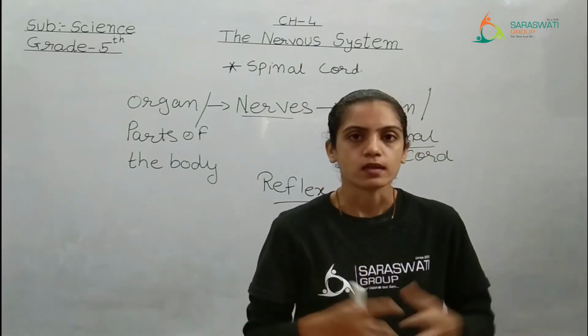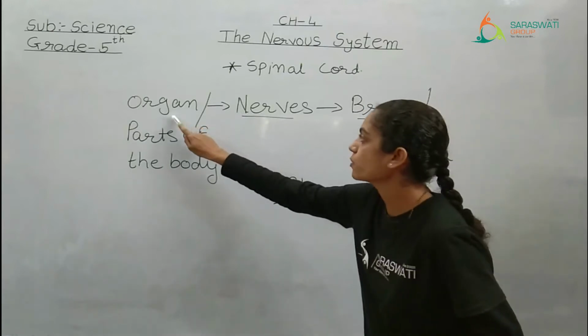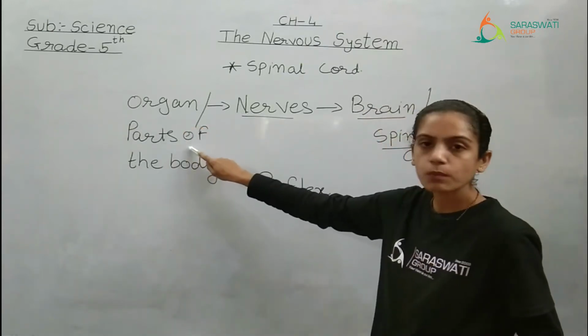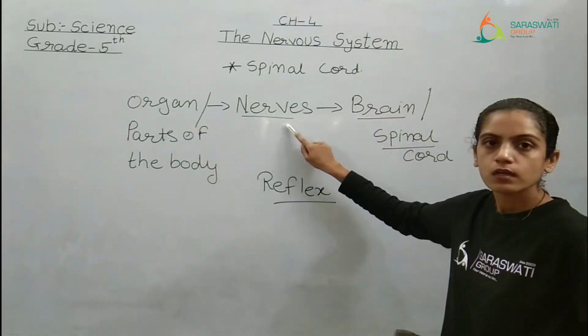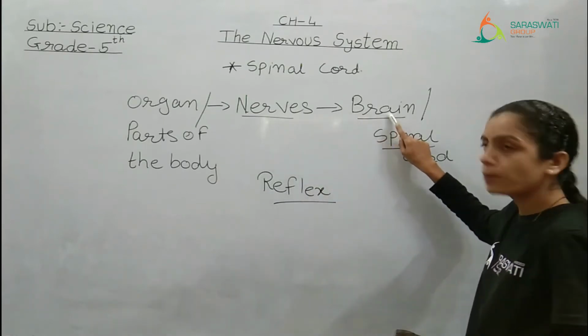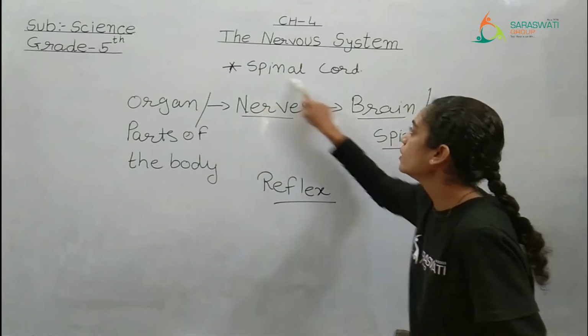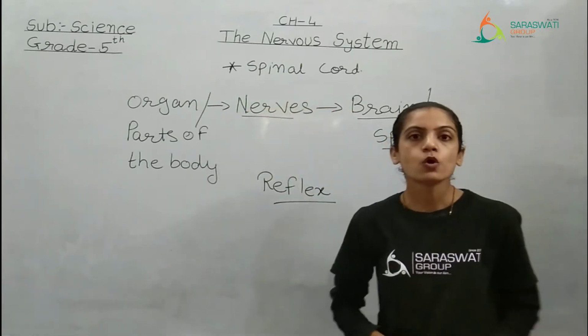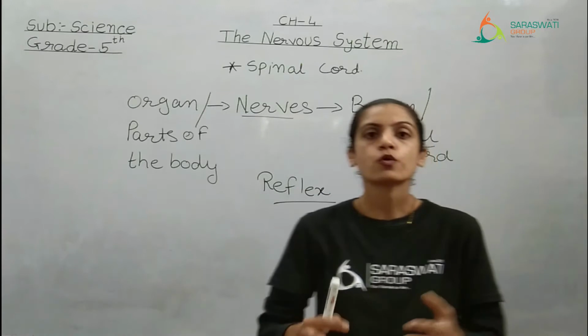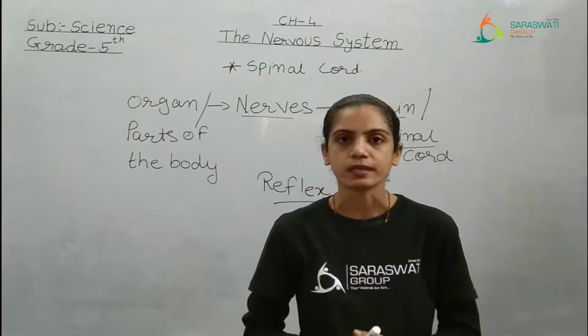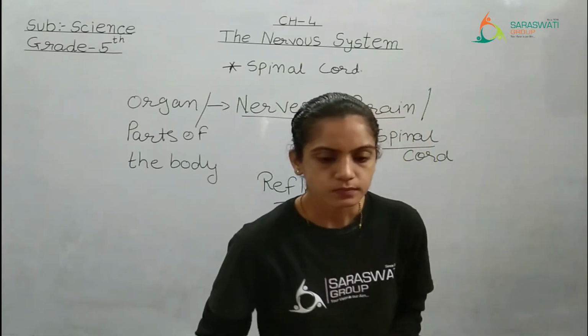Nerves. Why? Because they are taking message from the organs or part of the body to the nerves, and then it will pass to the brain or spinal cord. So this middle part is known as nerves, which is also known as messenger of the body, right?